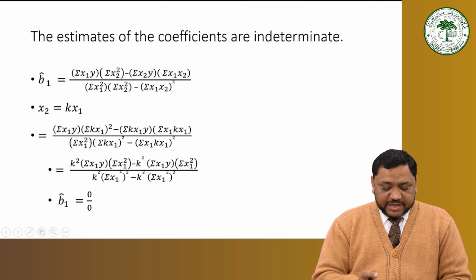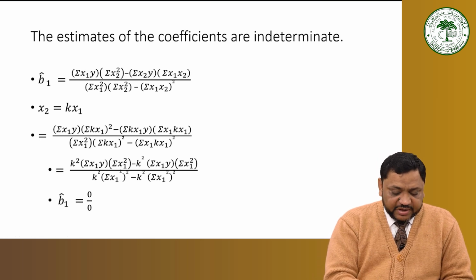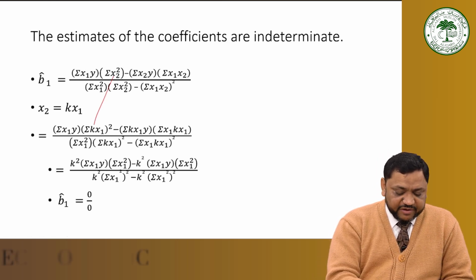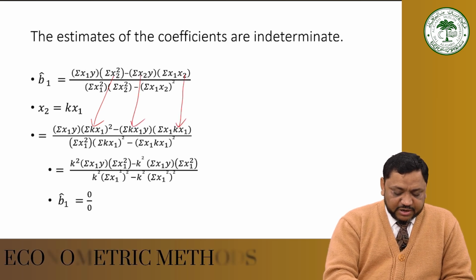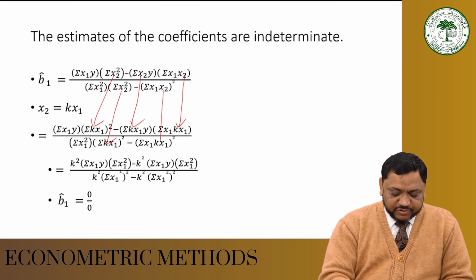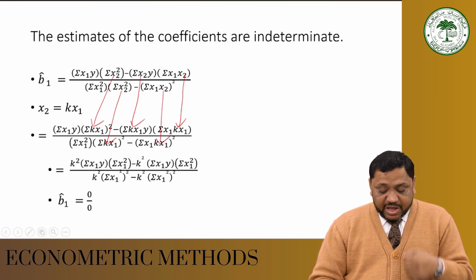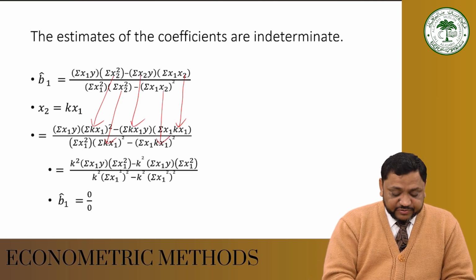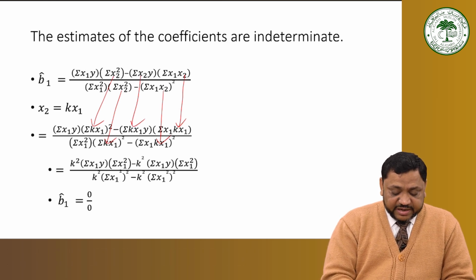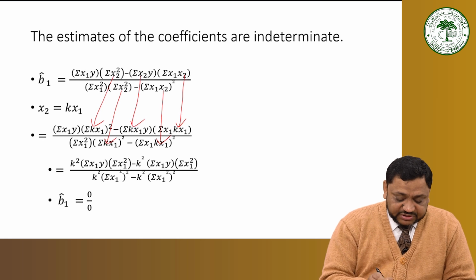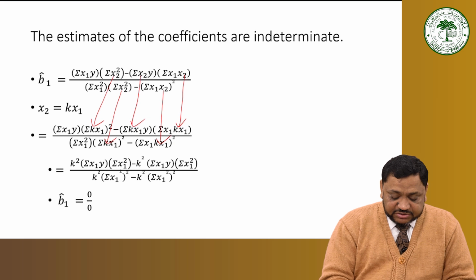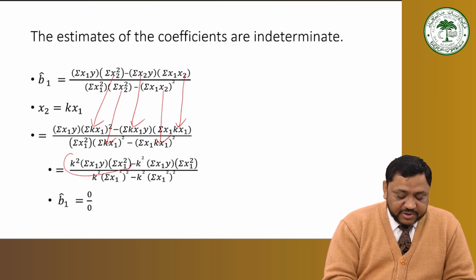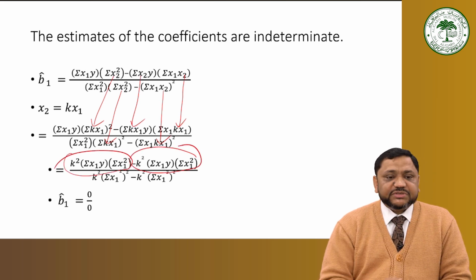When we insert the term kx1 in place of x2, upon algebraic manipulation we can take k square common, and we get this term, then again take k square common, and beneath it is k. So this entire term and this term turn out to be the same.